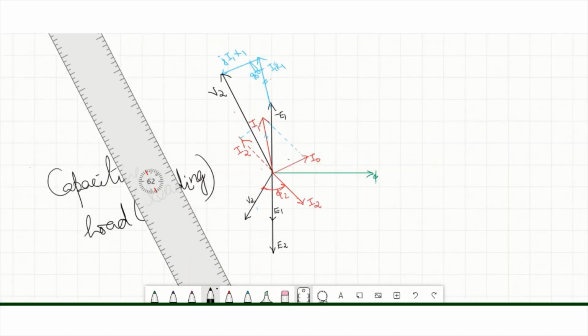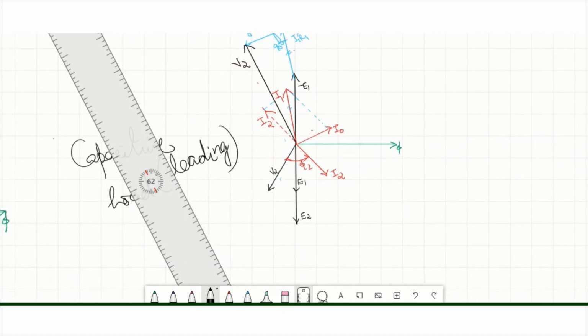Now the same thing for the secondary side also. I2 R2 parallel with I2.